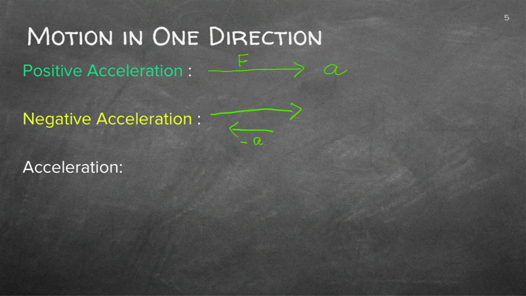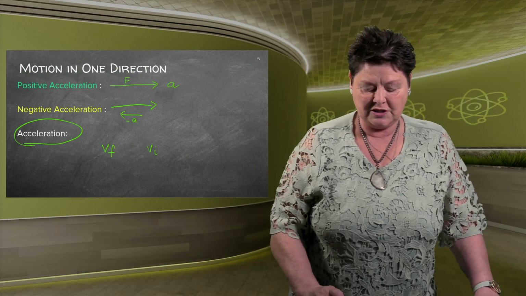That will be a negative acceleration. Careful indicating which direction the acceleration will be. So acceleration, everybody, concentrate, can be a final and an initial. Which one is the larger one? That will indicate to you, is it going faster or is it going slower? And we're going to do a few calculations just now.